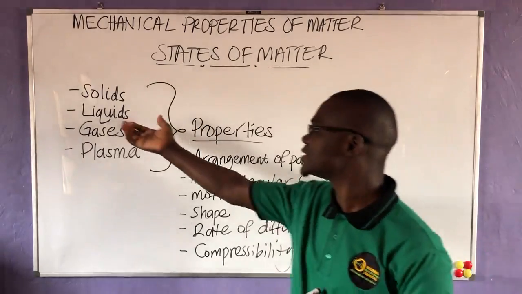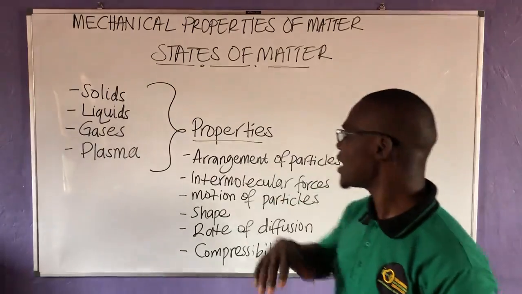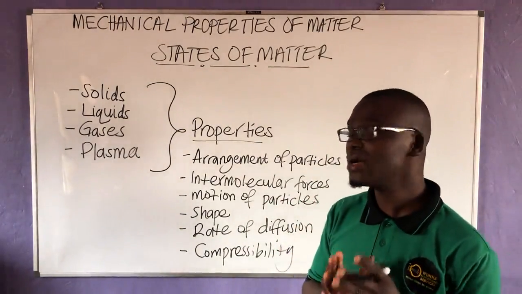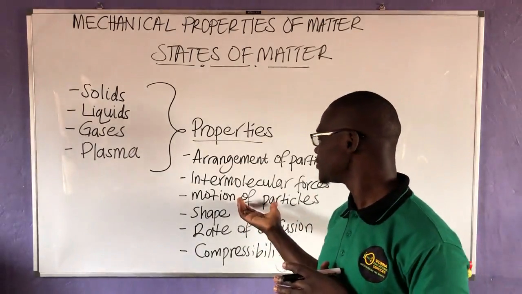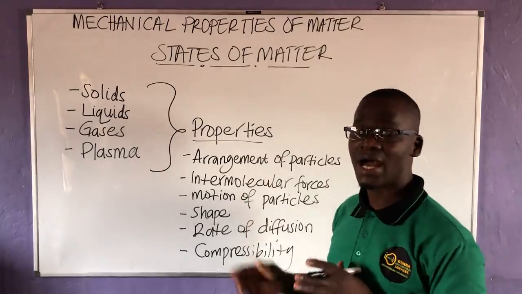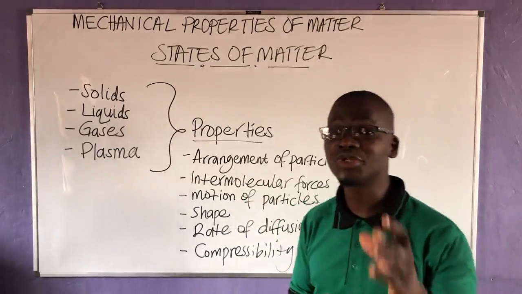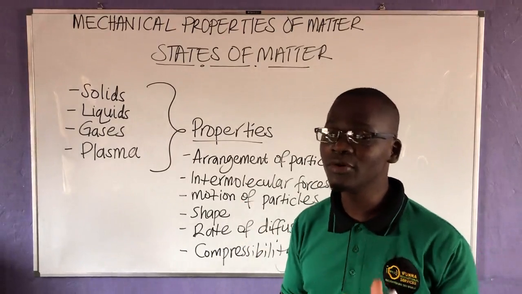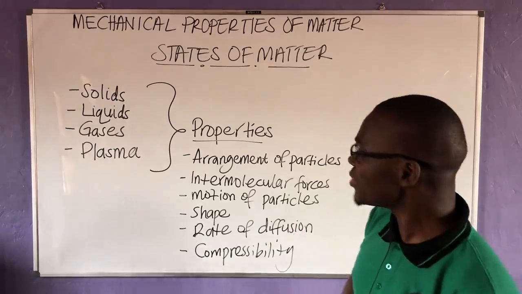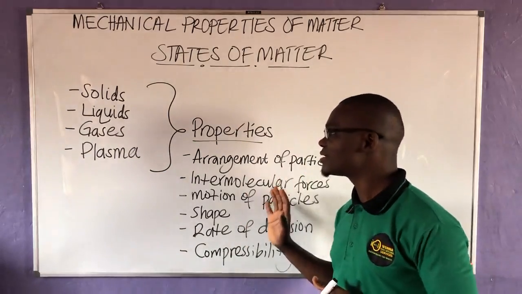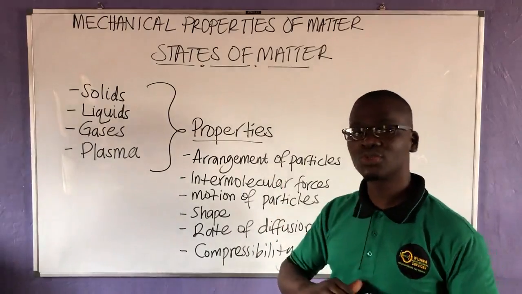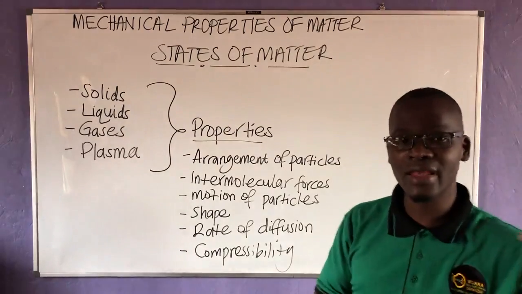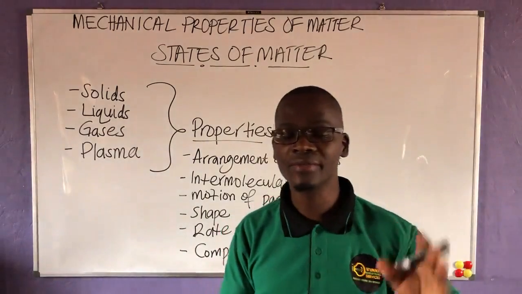Whereas liquids are loosely packed and therefore they have room for movement, and that means they will have no definite shape. Therefore, liquids take the shape of the container. The same applies to gases. Gases are widely spread and they are free to move in any direction. Therefore, they don't have a definite shape.